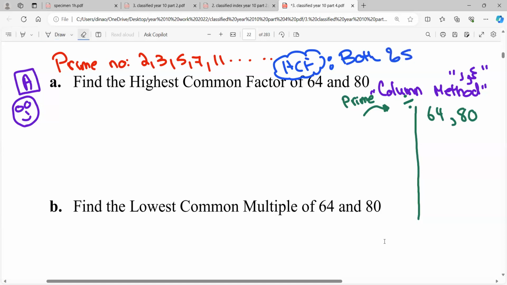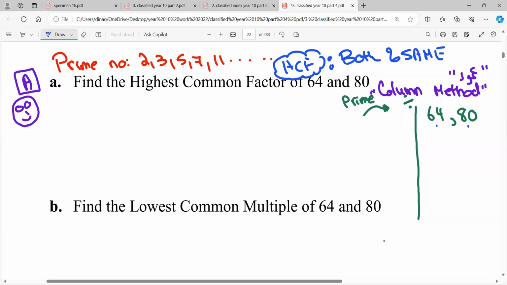As we agreed, you write the numbers separated by a comma, you draw the vertical line, which represents division, and on the left-hand side, you only write prime numbers.